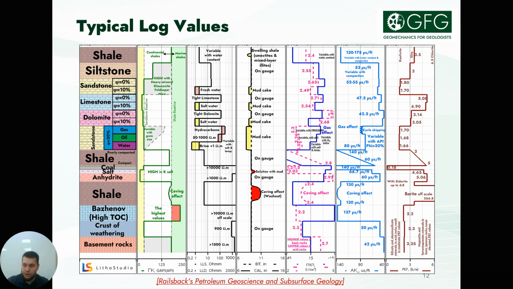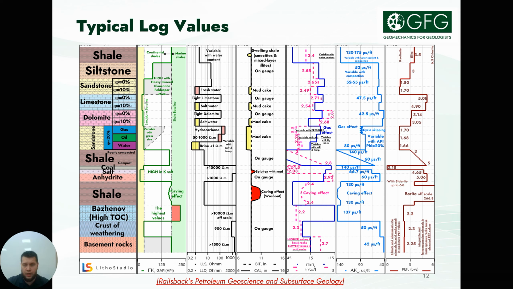Also, caliper anomalies can have both a negative and positive sign. A negative caliper sign is characterized, as a rule, by reservoirs. Positive anomalies are characterized by rocks with washout and breakouts.